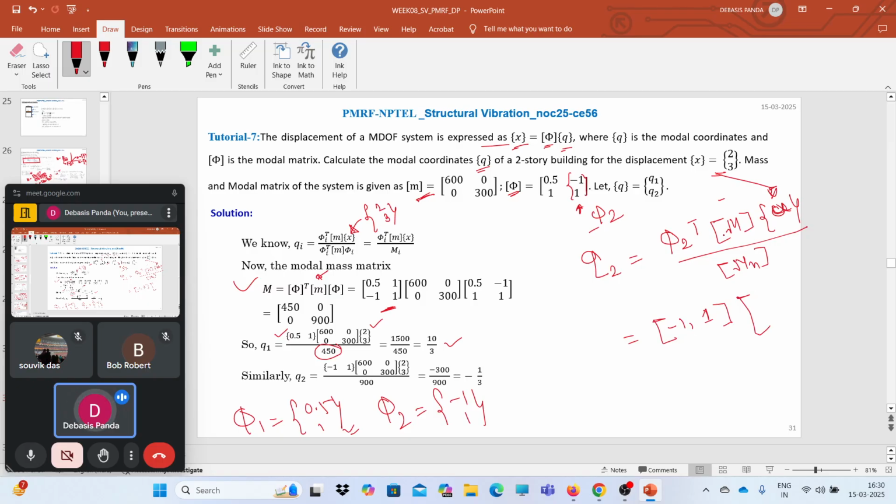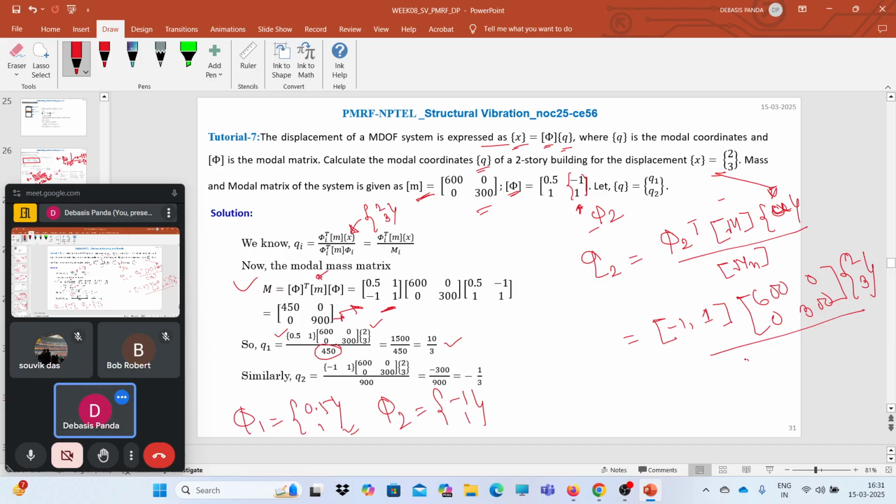Now the mass matrix, we have this 600, 0, 0, 300 and u, that means 2 and 3. Divided by, we have this, multiply that second element of the mass matrix.